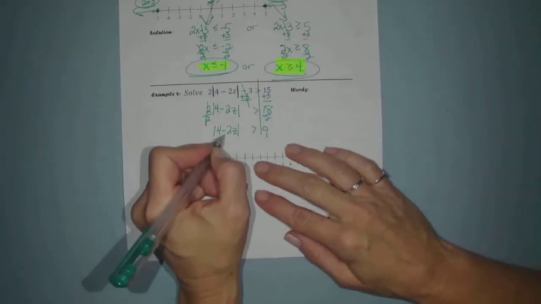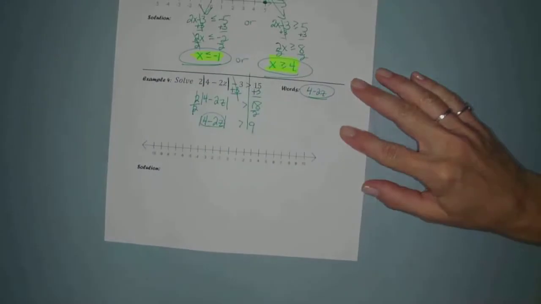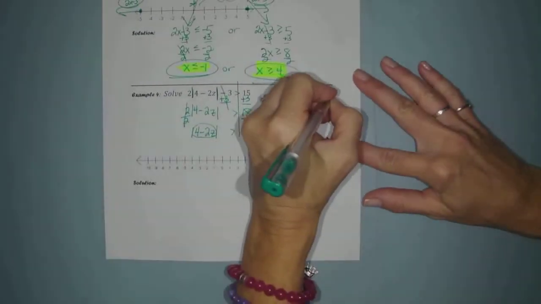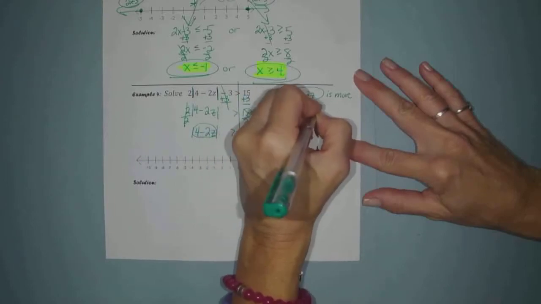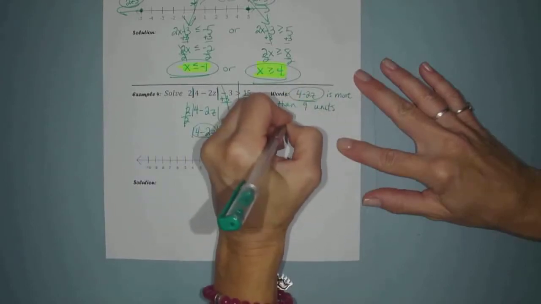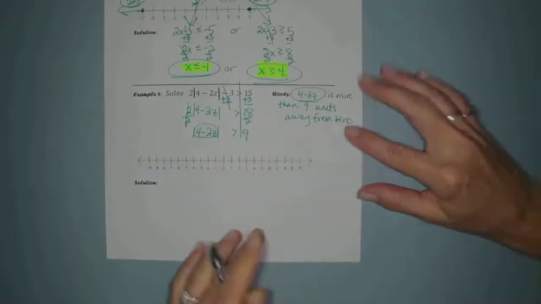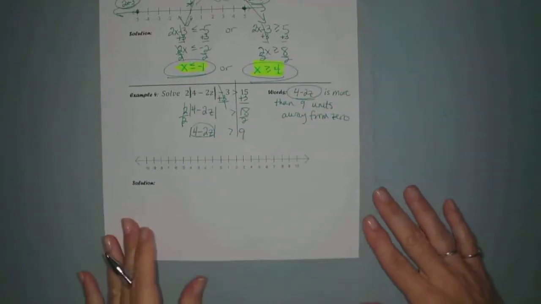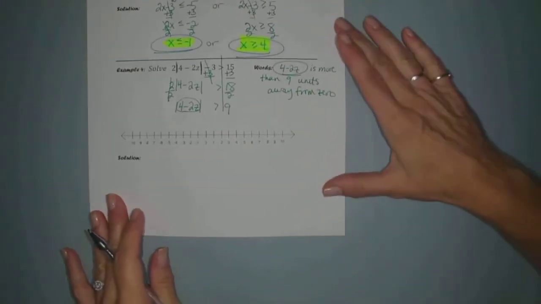So this stuff in here, 4 minus 2z, that is more than 9 units away from 0. So 4 minus 2z is going to float, but it's going to float more than 9 units away.